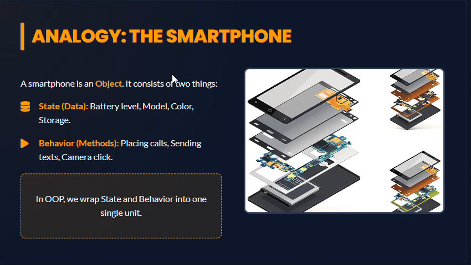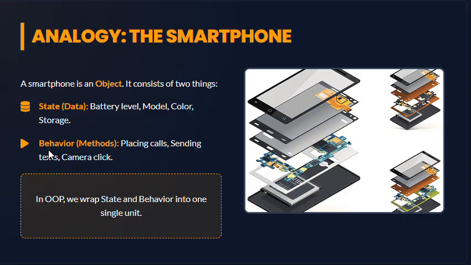The best way to understand an object is to look at the one in your pocket, your smartphone. An object in object oriented programming has two things. One is the state, that is the data: what the phone is, its battery level, the model, the color. Second is the behavior.